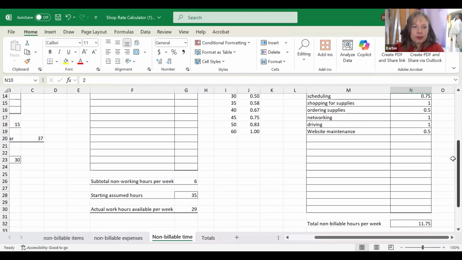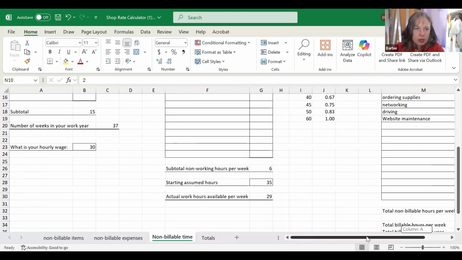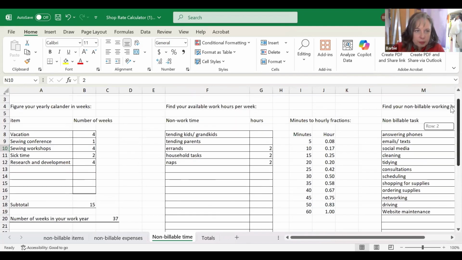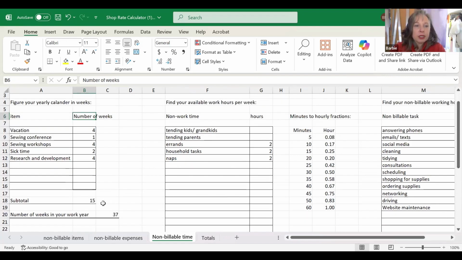Oh, okay. So over here, my subtotal for the number of weeks I am available to work every year on average: the number of weeks I'm not working is 15.